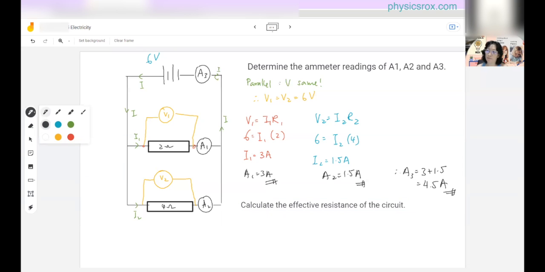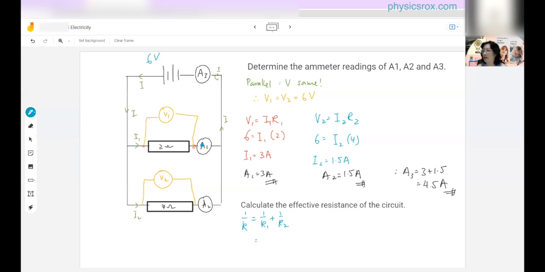You can use that, but personally I find too many things to memorize. So I like to use the 1 over R method, but you must be careful. When you use 1 over R, you must remember it's 1 over R1 plus 1 over R2. So when you solve this, you count first how many branches. 2 branches means must have 2 fractions.